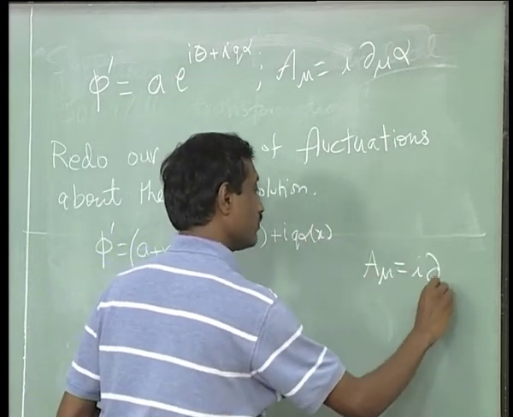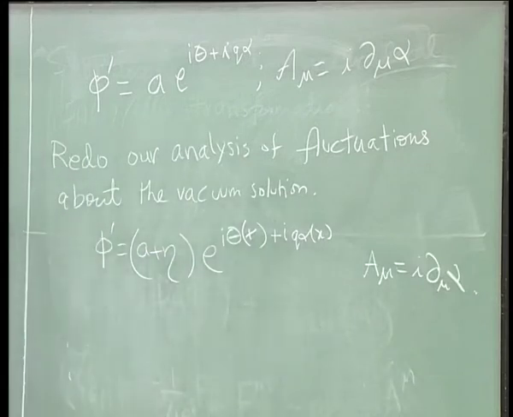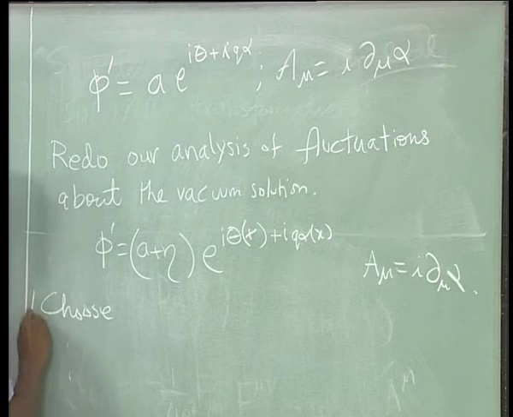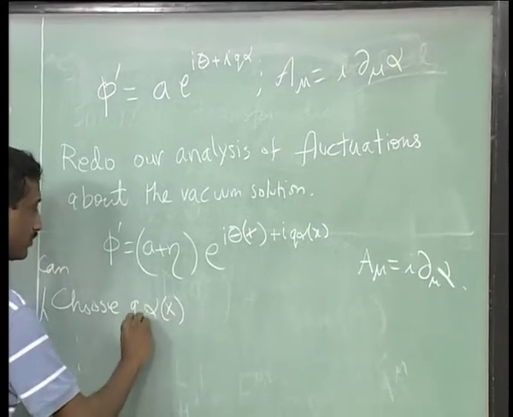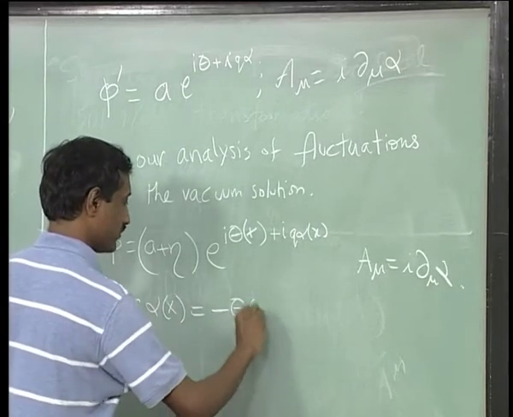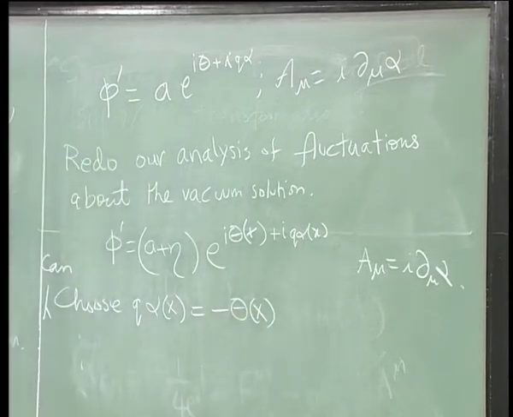But of course, now alpha can be x dependent. So, now I can choose q times alpha of x to be minus theta of x. So, I have much more freedom, not just taking away a global phase, I can get rid of the phase permanently.